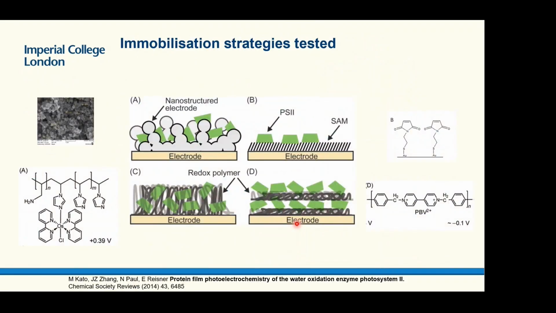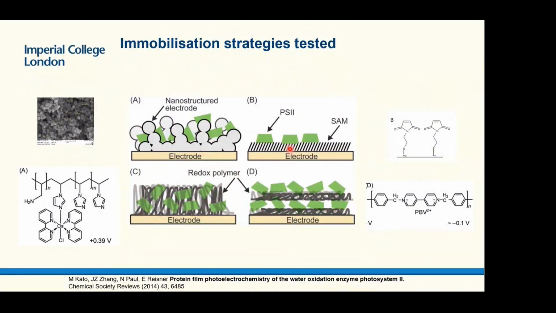There are different ways in which photosystem II has been immobilized on electrodes. It's been immobilized directly on the electrode surface, either a metal electrode or a self-assembled monolayer. In this case, you can get non-catalytic CVs, but the system is catalytically inactive.